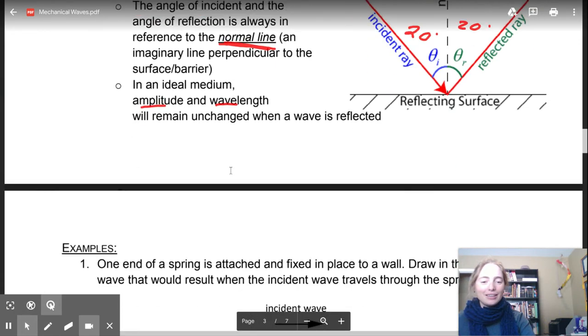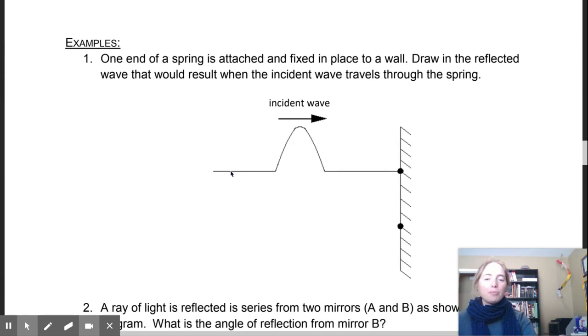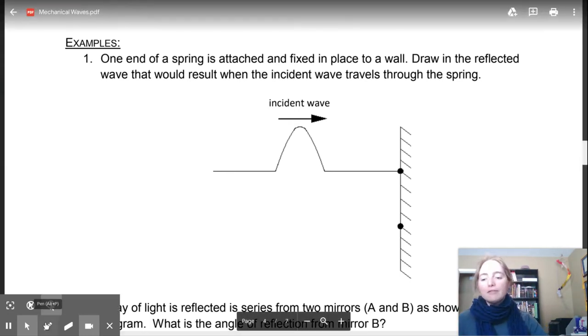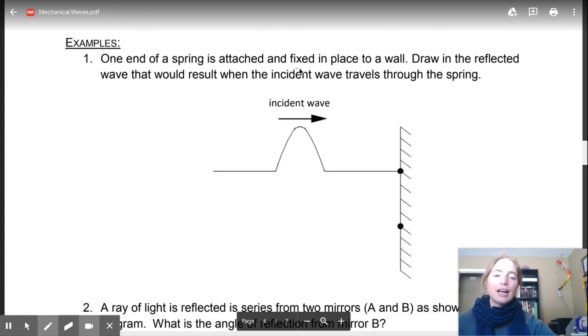So, ladies and gentlemen, we have a couple of examples here. One end of a spring is attached and fixed in place to a wall. Draw in the reflected wave that would result as the incident wave travels through the spring. Well, there's our incident wave. This wave is going in this way.